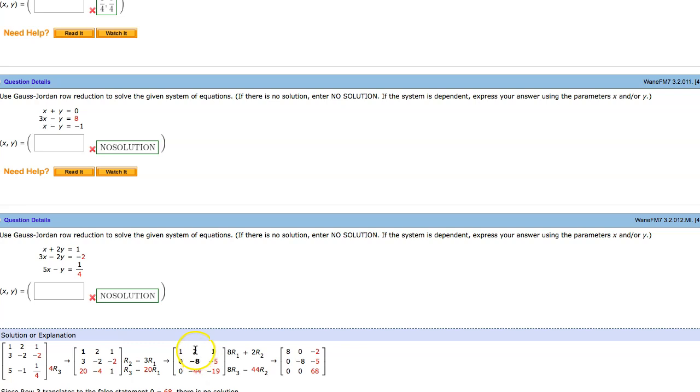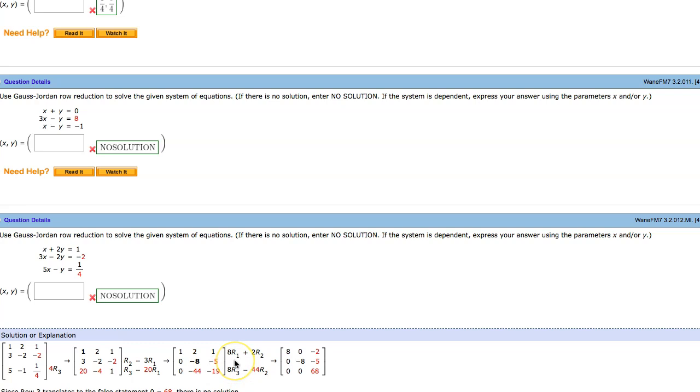So I need to get rid of this 2 and this neg 44 here. Now negative 8 is kind of weird. How would I do that? Well, let's do this. How about if I do 8 row 1 plus 2 row 2? 2 and 8. The least common multiple may not be as friendly.